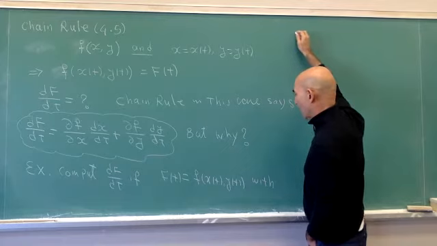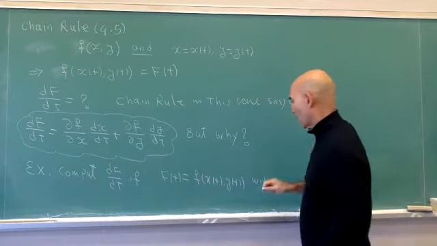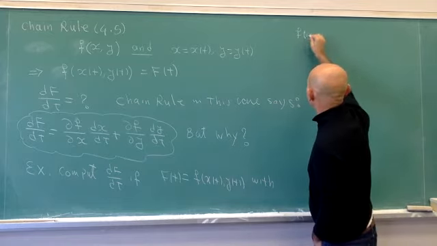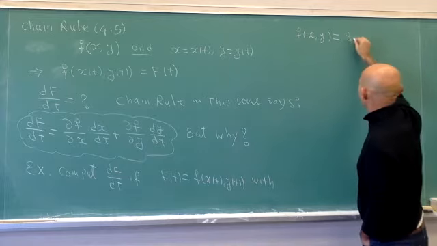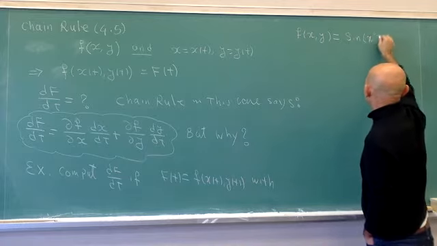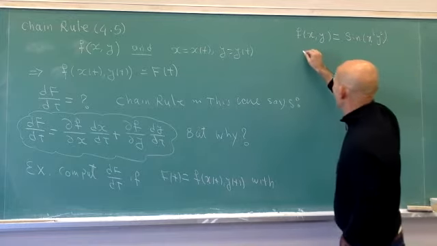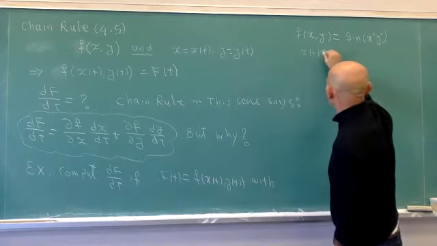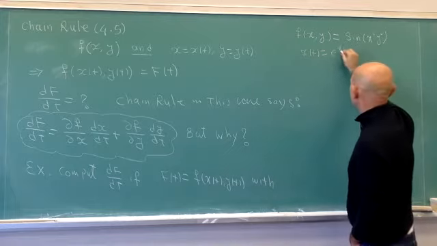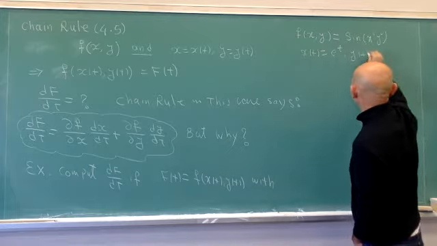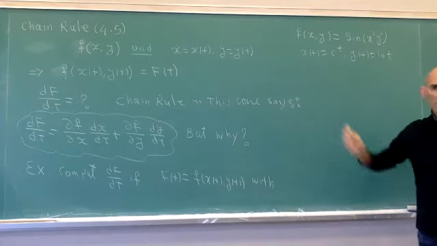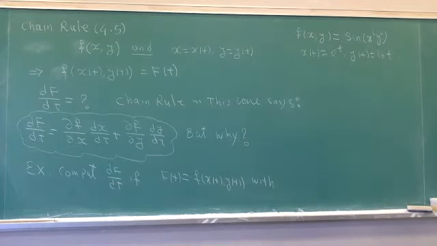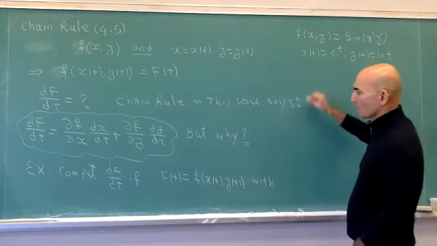So f of x and y equal to sine of x squared y squared, x of t equal to e to the t, and y of t equal to log t. For example. Okay. So solution.